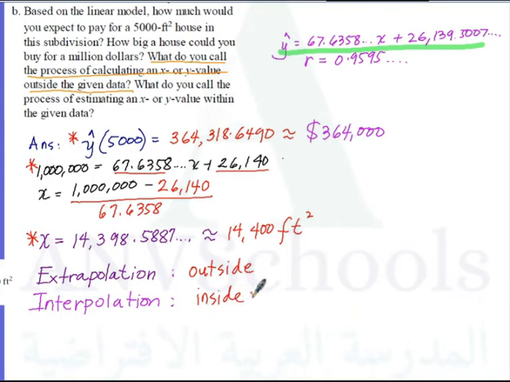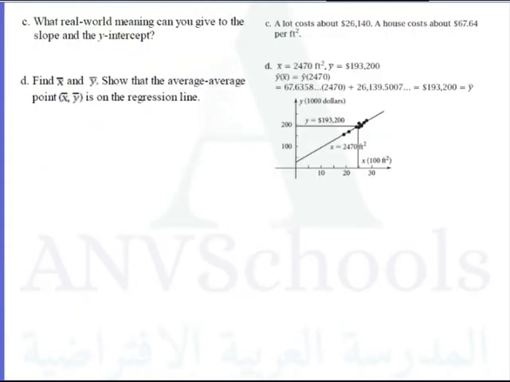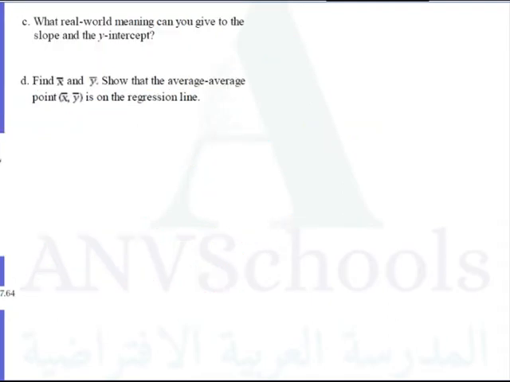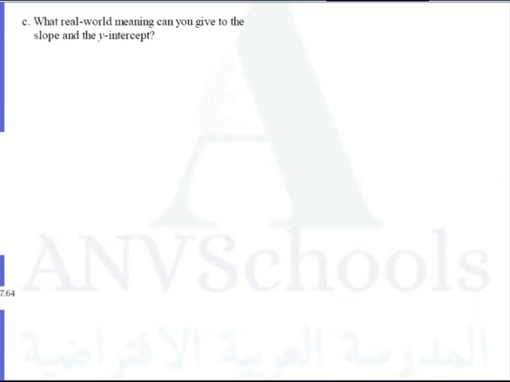Okay, so now let's go to letter C. What real world meaning can you give to this slope and the y-intercept? So we are going to write again the given regression line linear function.